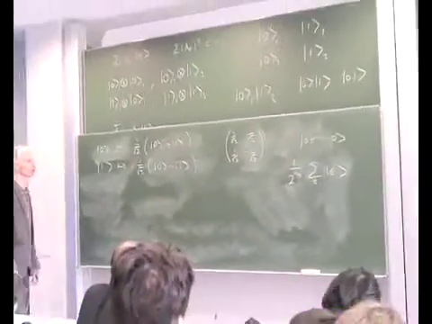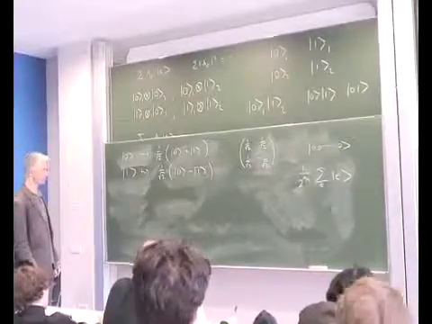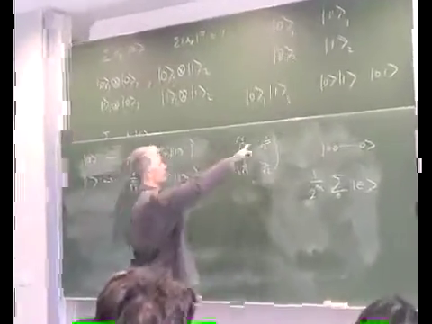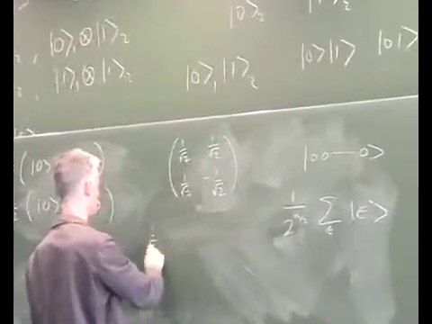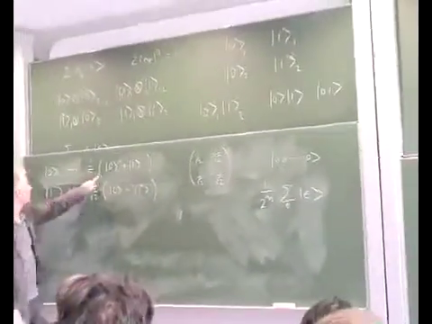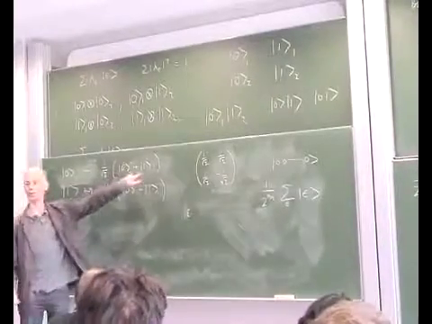Now, how can you do that? Well, what does this do to the first qubit? It replaces it by 1 over square root 2 times 0 plus 1.